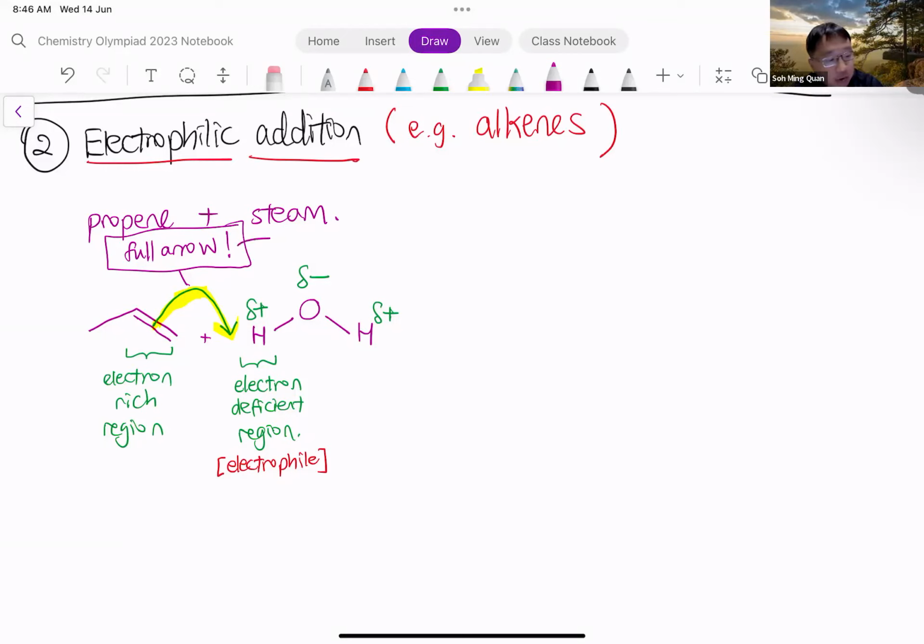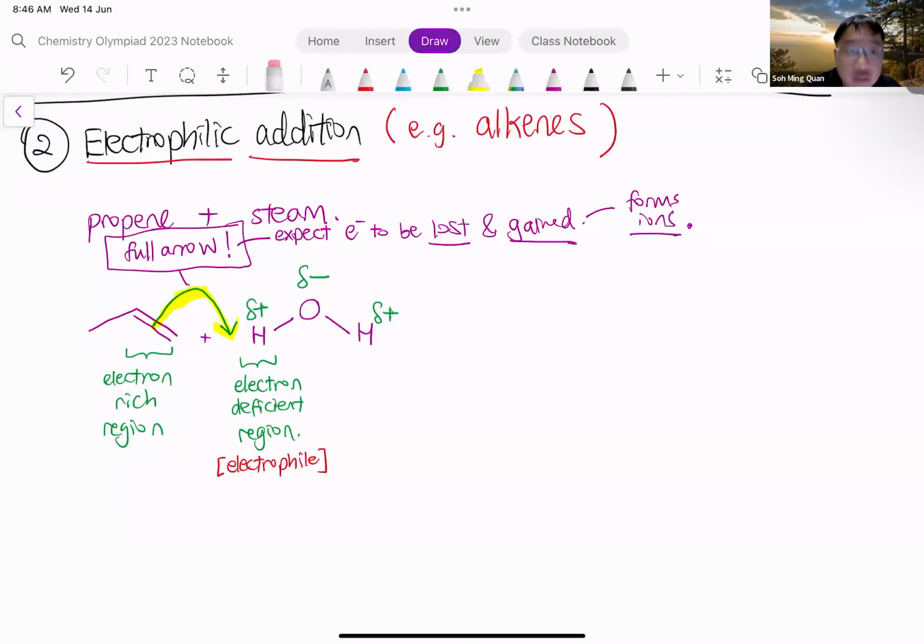So whenever you have a full arrow, you expect electrons to be lost and gained. Loss and gain of electrons obviously forms ions. So now we are going to see ions being formed in this mechanism because of the electrons being lost and gained.